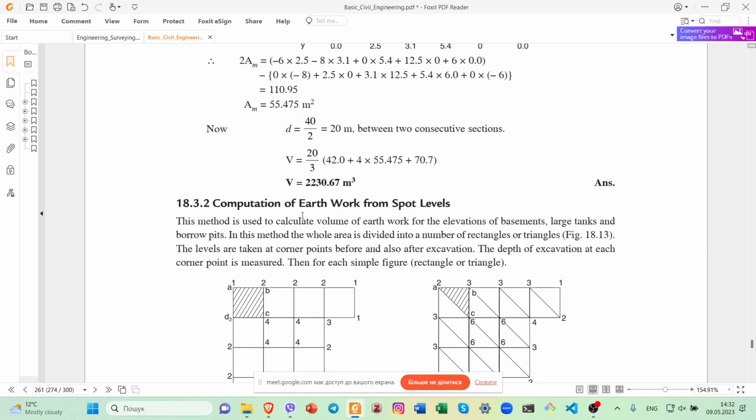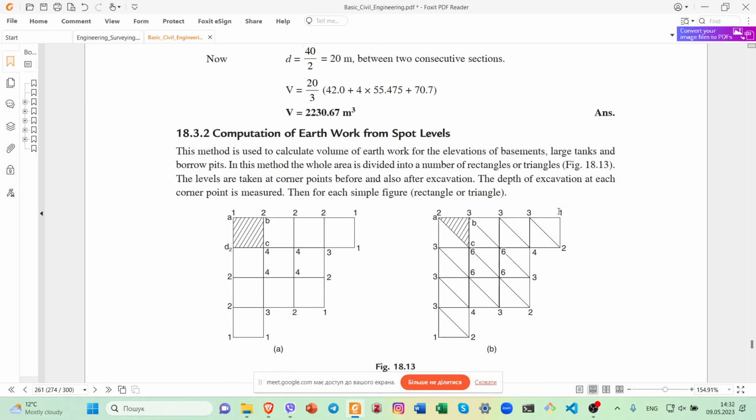The next step is the computation of earthwork from spot levels. This method is used to calculate volume of earthwork for the excavation of basements, large tanks, and borrow pits. In this method, the whole area is divided into a number of rectangles or triangles.